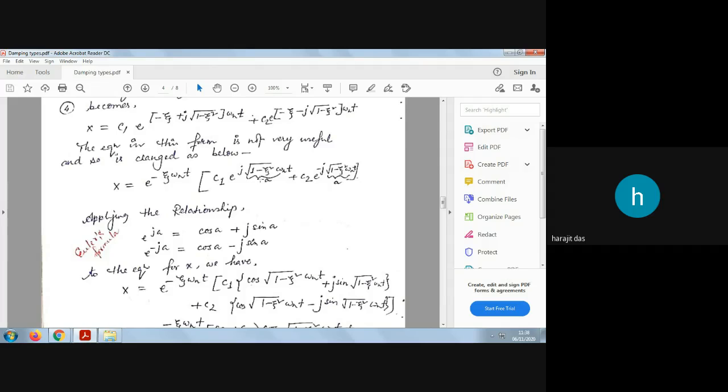Here we treat under root 1 minus zeta square omega n t as a, just like e to the power iota a.